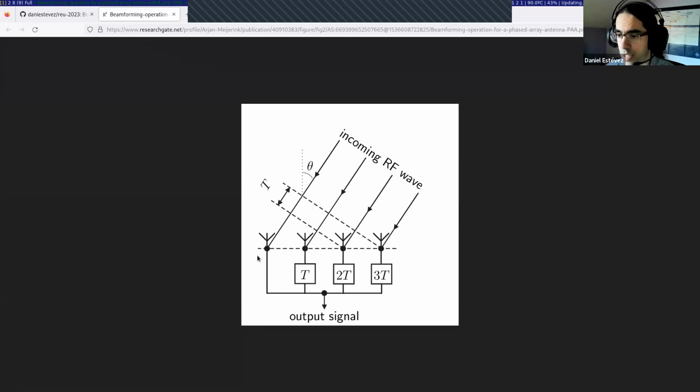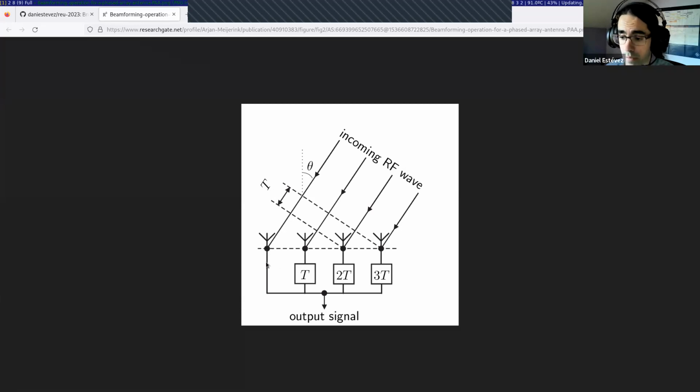So what happens here is maybe the radio frequency signal is coming from this direction. And this is what I was explaining before. This antenna is nearer to the source than this antenna at the far end of the linear array. So what happens is that there is a time delay t between this antenna and this antenna, also the same time delay t between this antenna and the next, and the same delay between these two antennas.